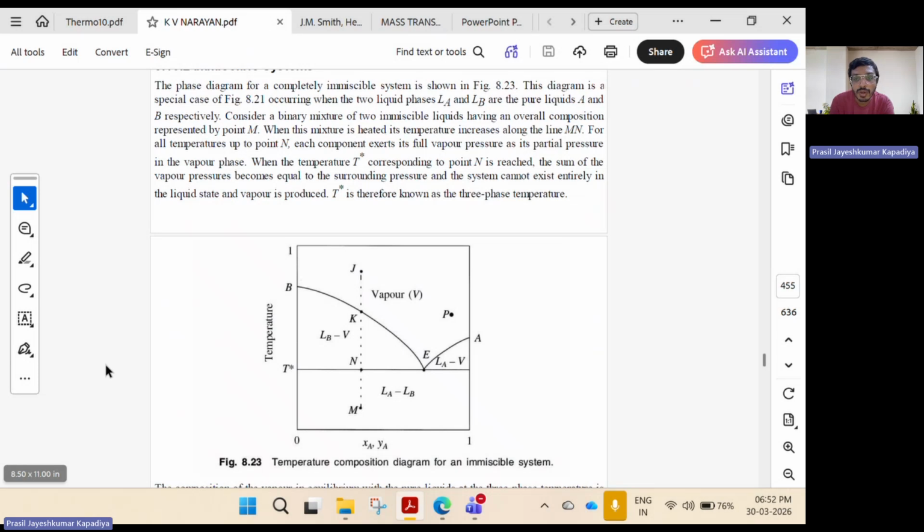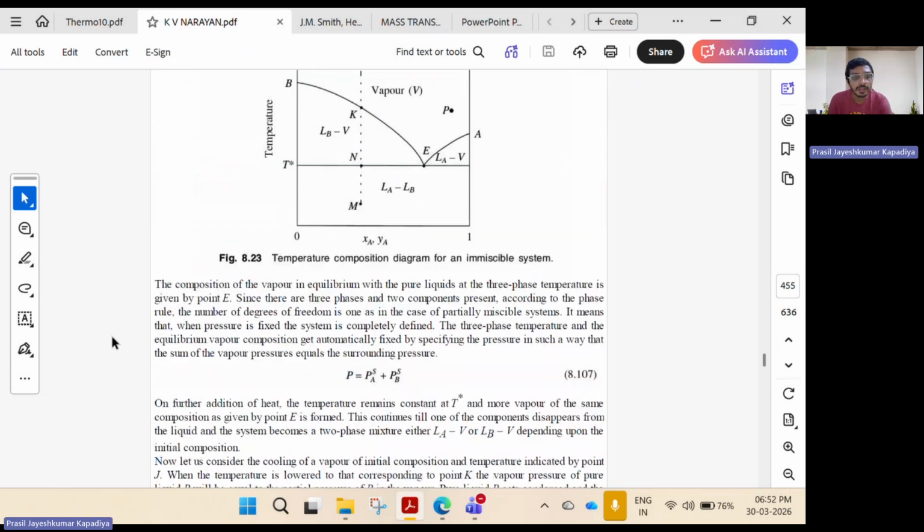T star is therefore known as the three phase temperature. The composition of the vapor in equilibrium with pure liquid at the three phase temperature is given by point E. The corresponding vapor composition will be on this line.